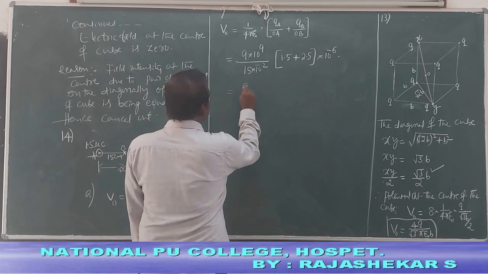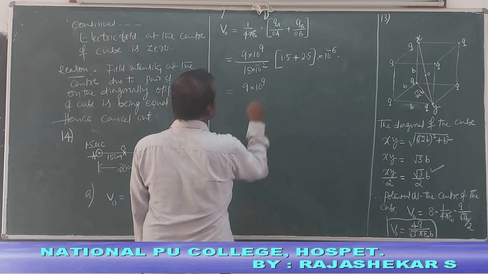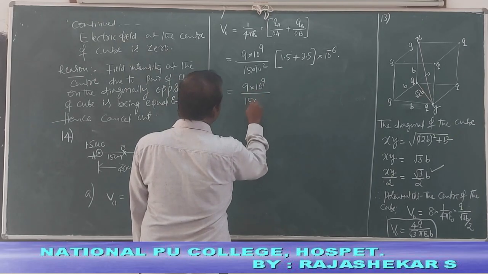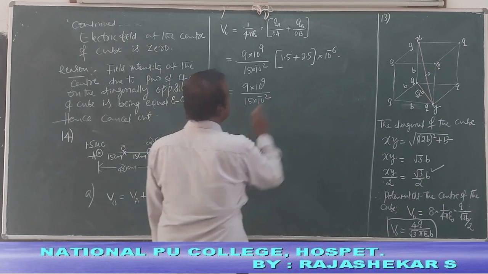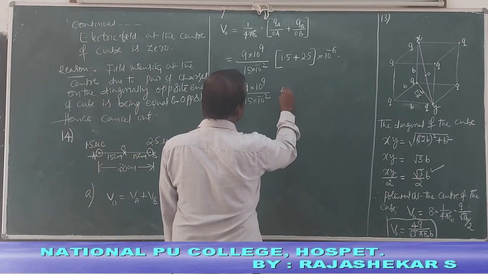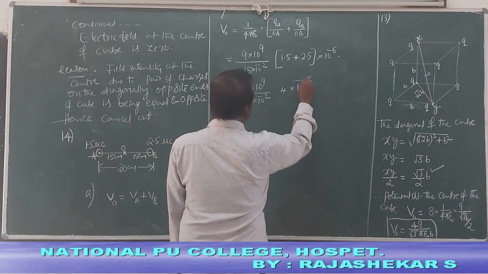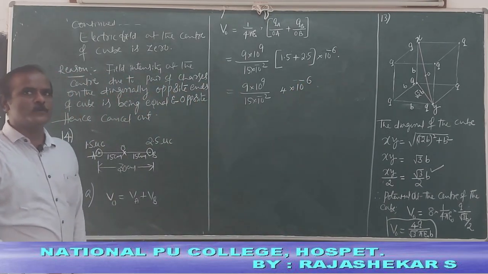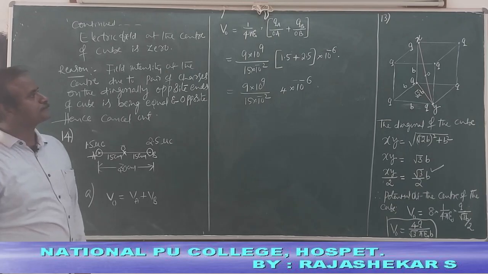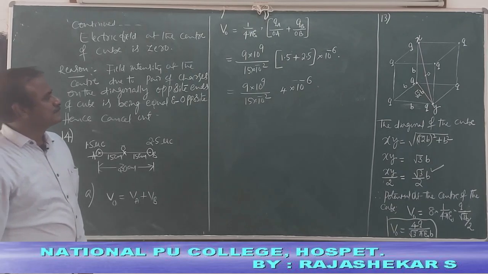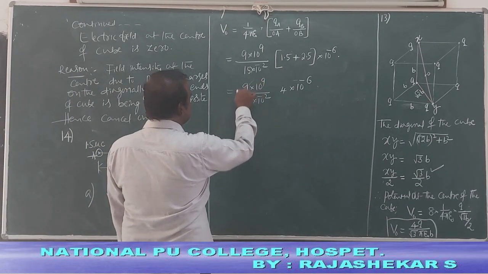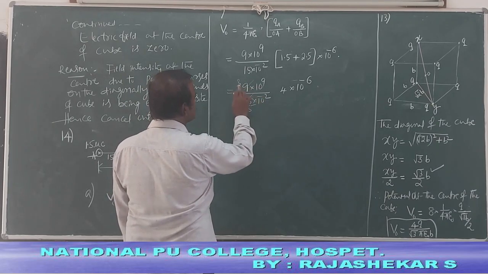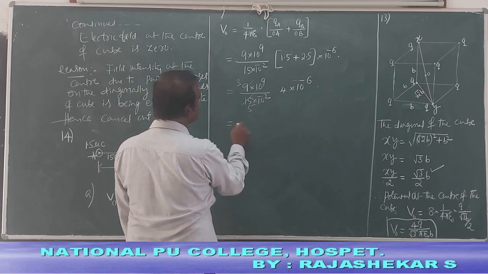This is 9 into 10 to the power 9 divided by 15 into 10 to the power minus 2, into 4 into 10 to the power minus 6. 1.5 plus 2.5 is 4. 3 fives, 3 fours are 12.